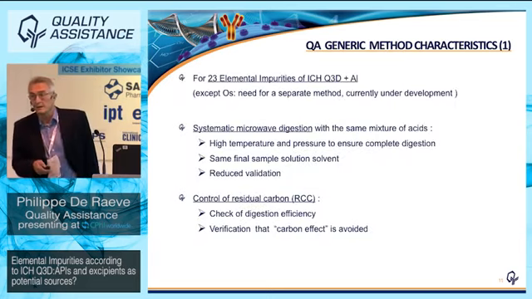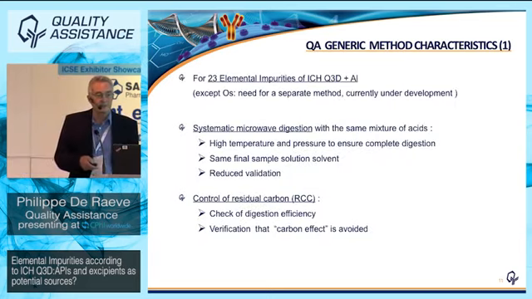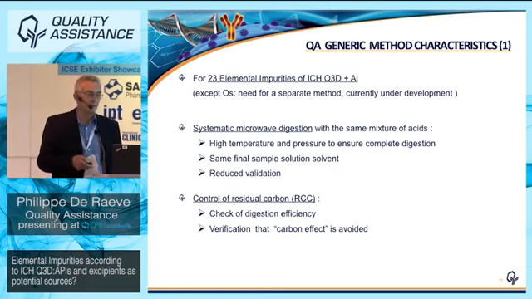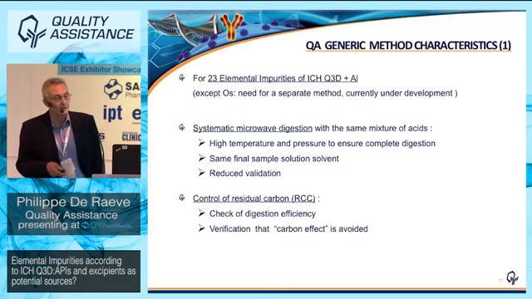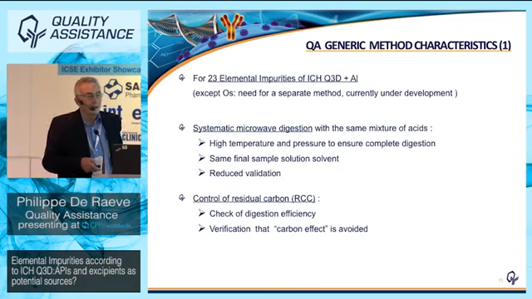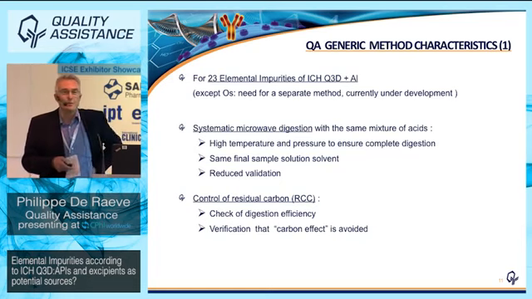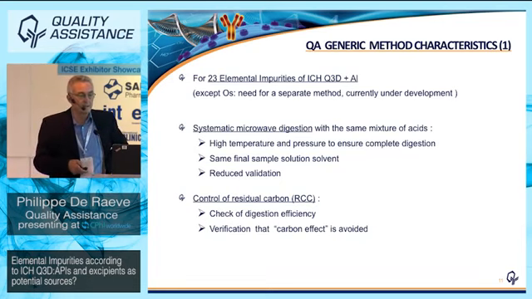Here are some characteristics of the method. As already said, it's designed for 23 elemental impurities plus aluminium. We use a systematic microwave digestion of the sample with the same mixture of acids.